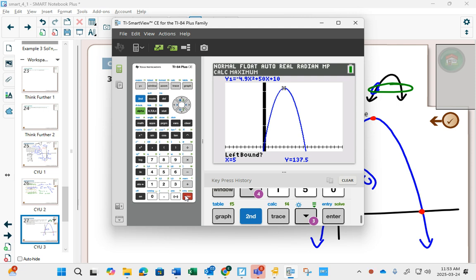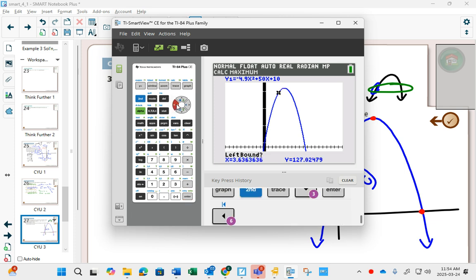Ooh, it's really close right now, but at the bottom it says find the left value. So you move your cursor so it's on the left side of the maximum and push enter. It'll draw a little arrow, and newer versions actually draw a vertical line as well. Is that vertical line to the left of our maximum? Yes. Then it says, what do you want to put to the right? So we use our cursor, we go past our maximum.